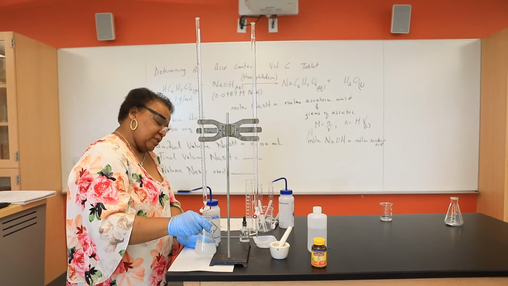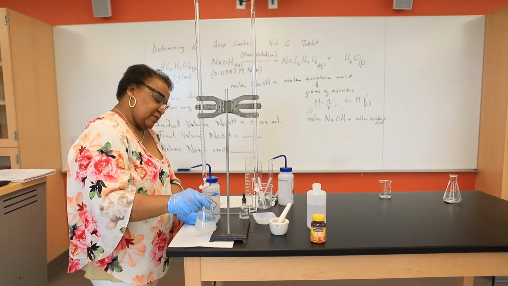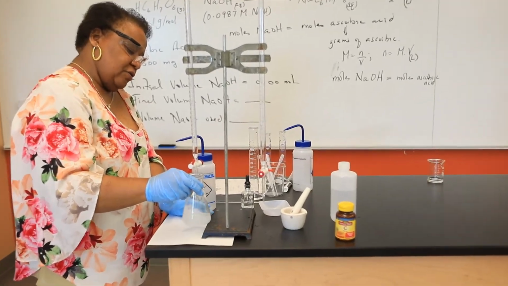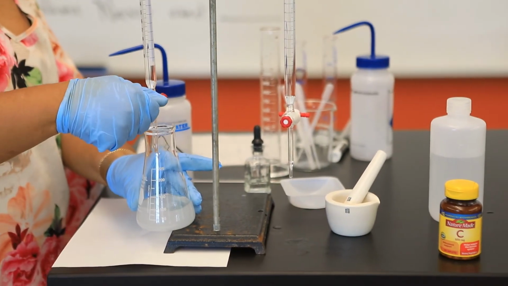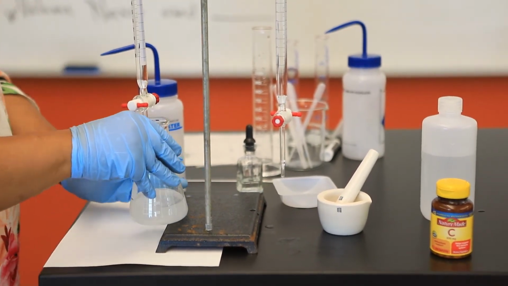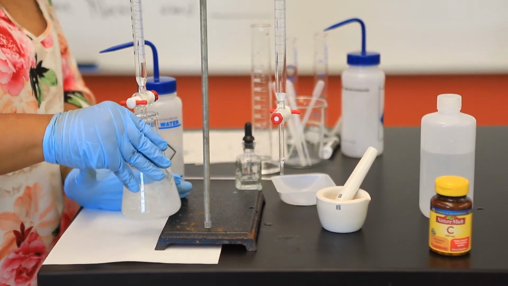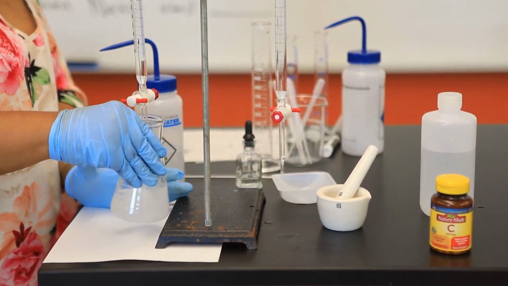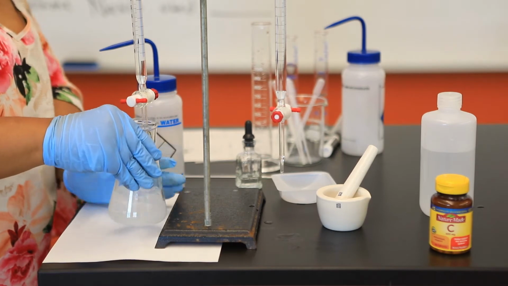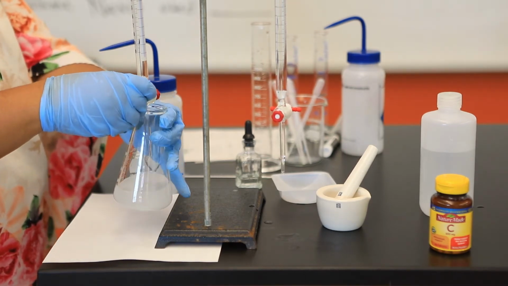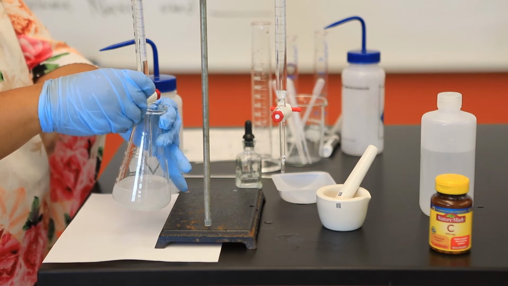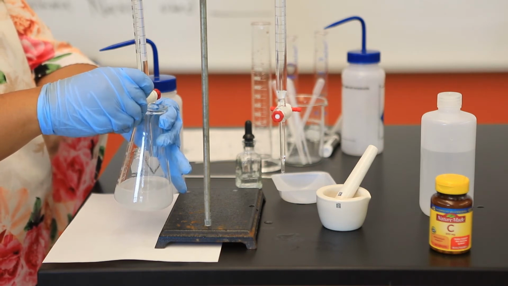And we will know when this titration is complete: I'm using the same indicator, so the neutralization will be complete when this solution turns faint pink. Notice as we near that end point, we want to make sure that we're adding our base slowly.